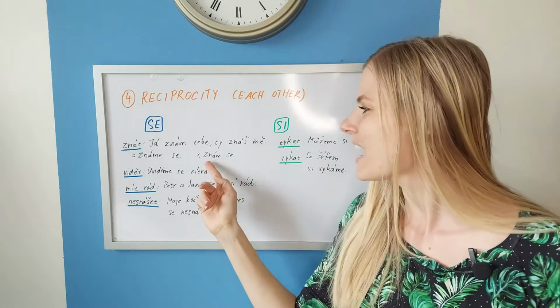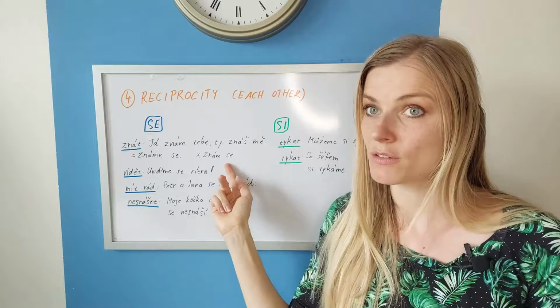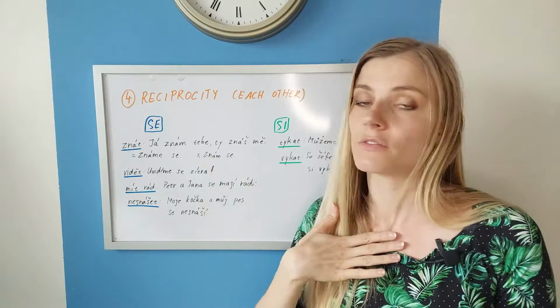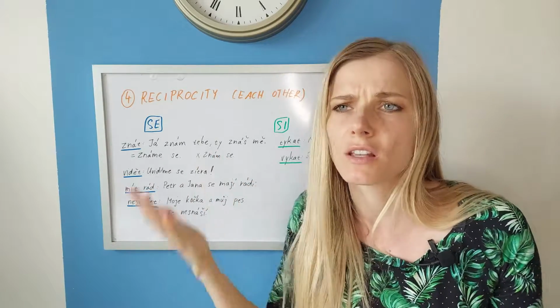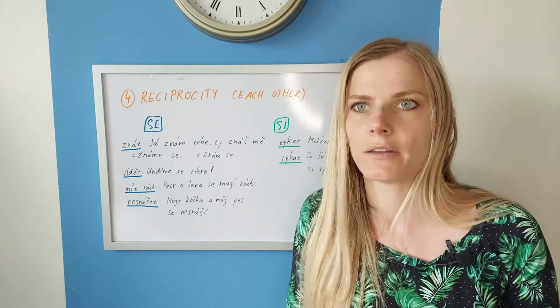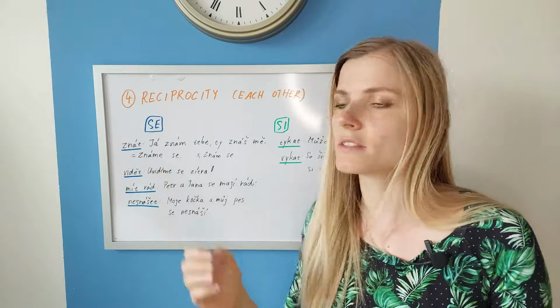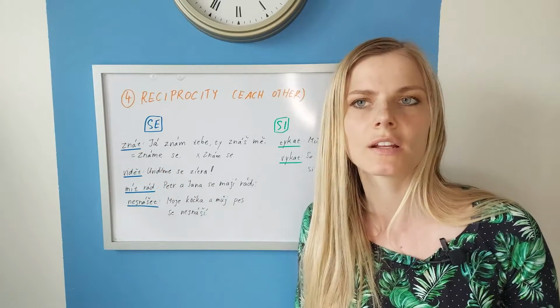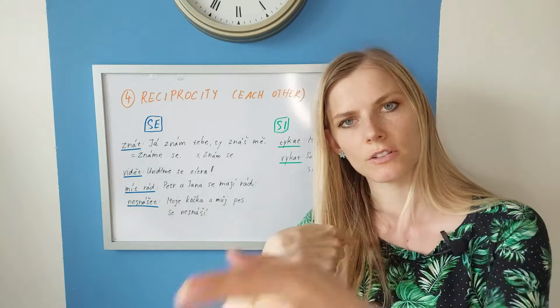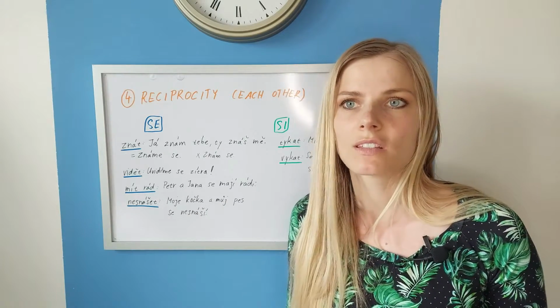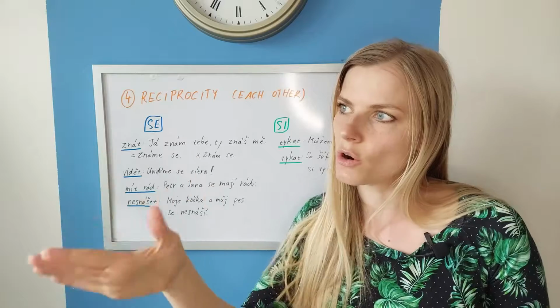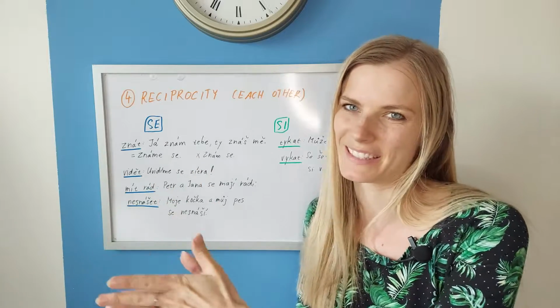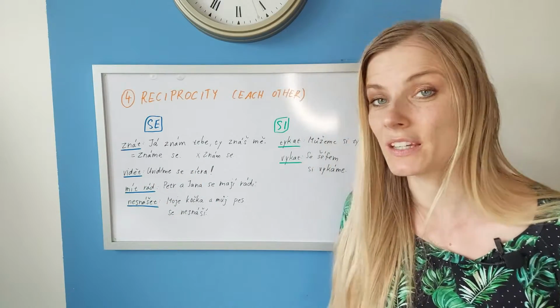So, znám se is clear because I'm just talking about myself and I'm saying, oh, I know myself, I know what I'm gonna do, znám se. And then when you say známe se, it's more likely that you are saying we know each other. But it could also mean we each know ourselves. So again, you need more context.